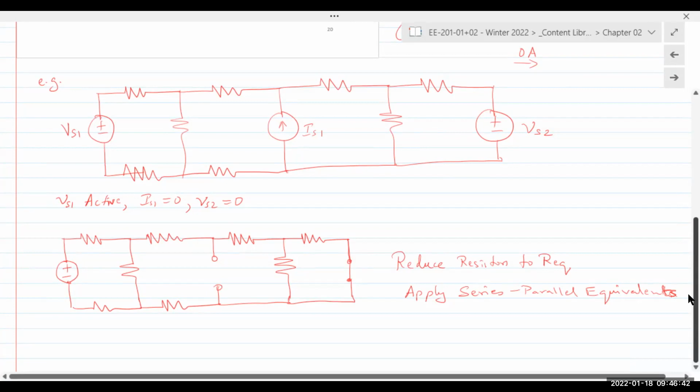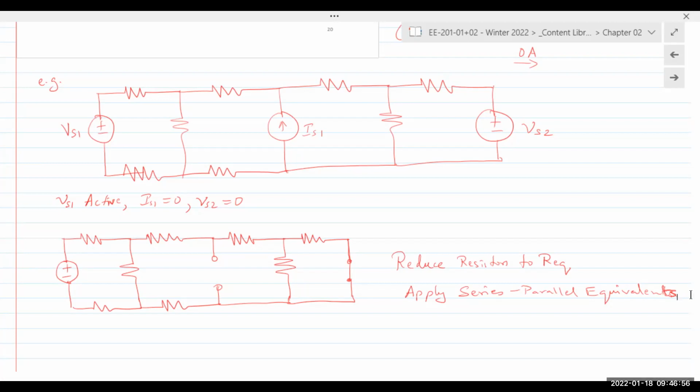Yes. We are only halfway there yet. And that's another reason why superposition is not as preferred if you have more than, let's say, 3 sources. More than 2 or 3 sources, it becomes highly inefficient and time consuming because it adds up.